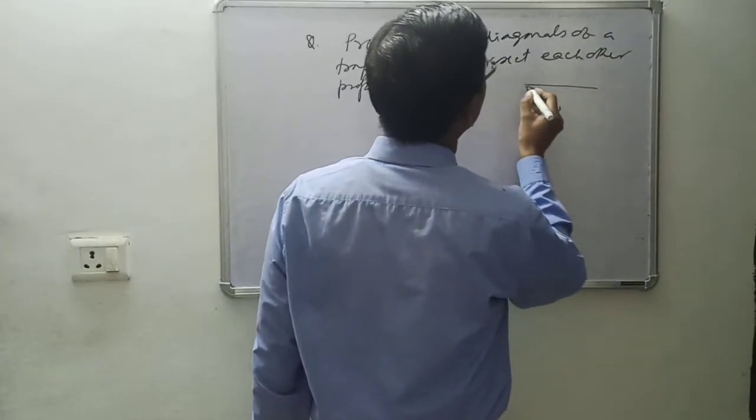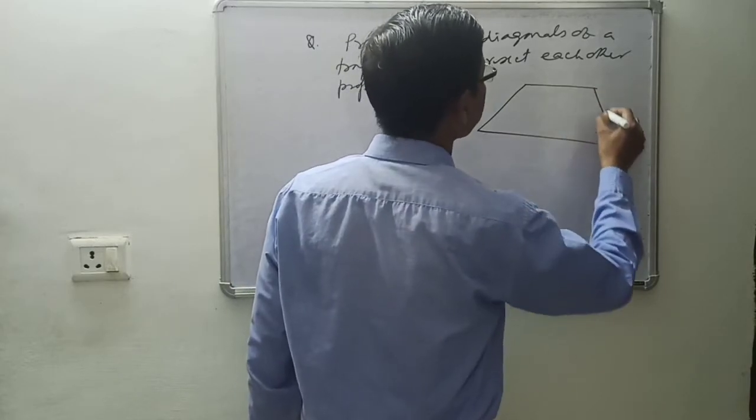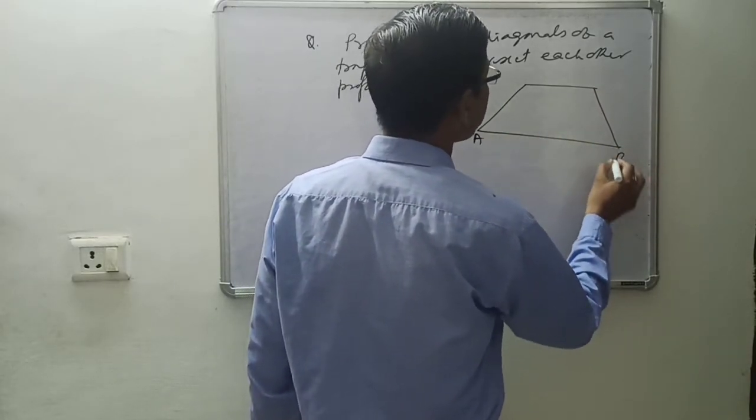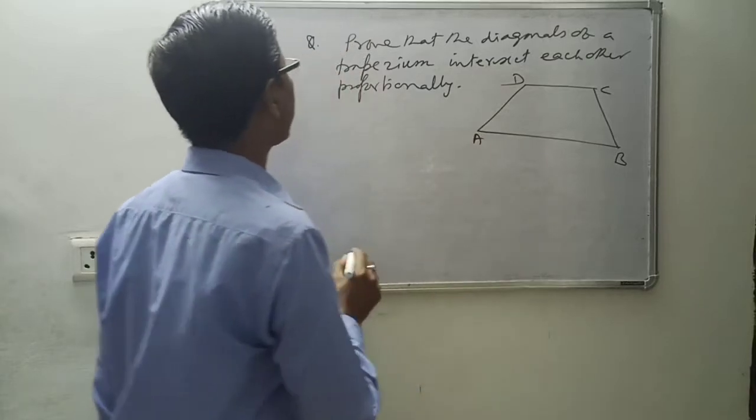Suppose you have a trapezium ABCD. Trapezium means one pair of opposite sides is parallel.